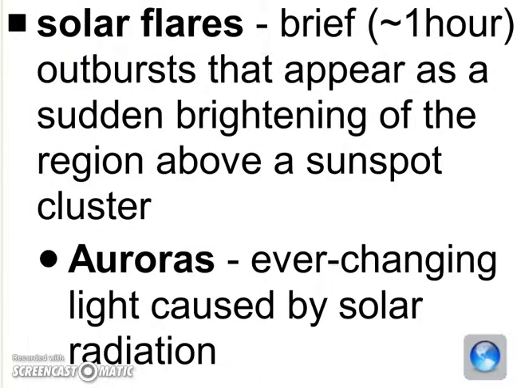And they are outbursts that appear as a bright spot right above a sunspot cluster. So it's kind of like this releasing of energy or releasing of heat that's right above a sunspot where it's colder. We also have auroras, and those are changing light from solar radiation.